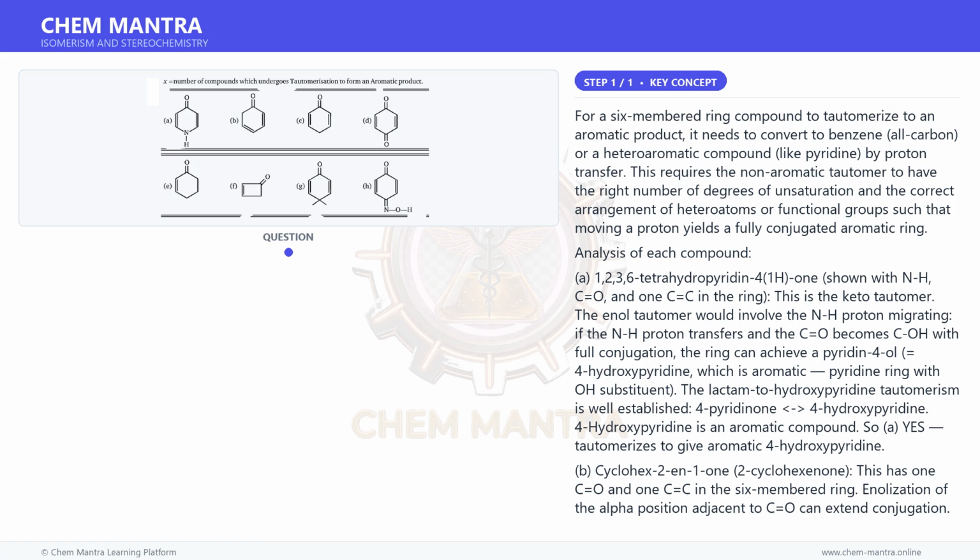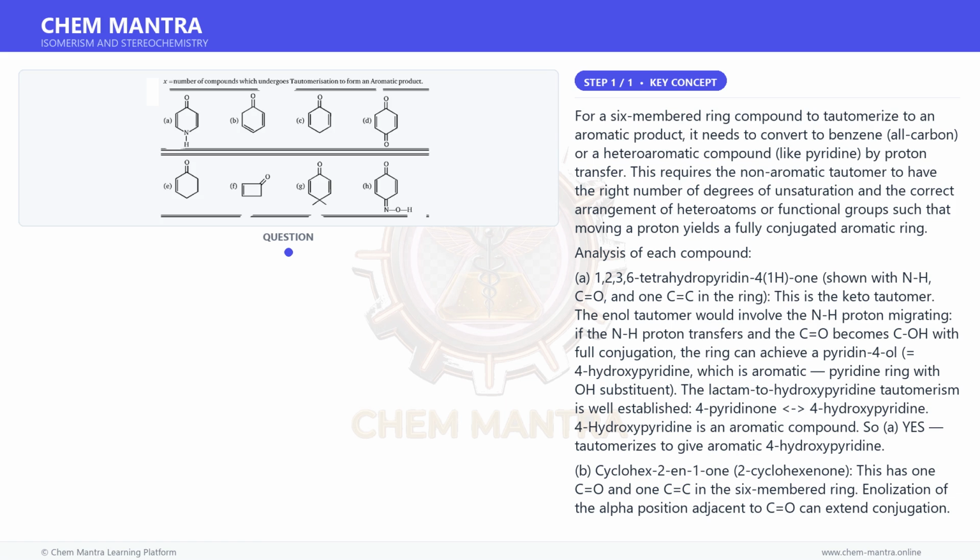E. Cyclohex-2-en-1-one, same connectivity as B but drawn as the saturated ring form. Actually, this appears to be cyclohexenone again, a 6-membered ring with C=O and one double bond, otherwise similar to B, but looking more carefully, E appears to be cyclohex-2-en-1-one without the extra conjugation needed.